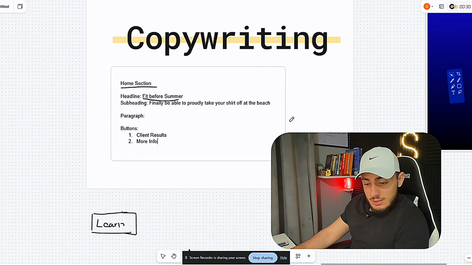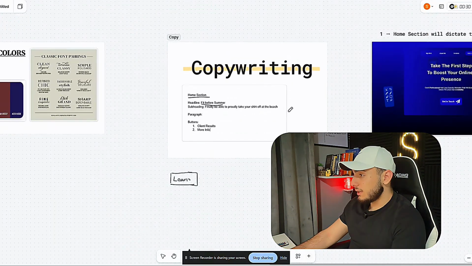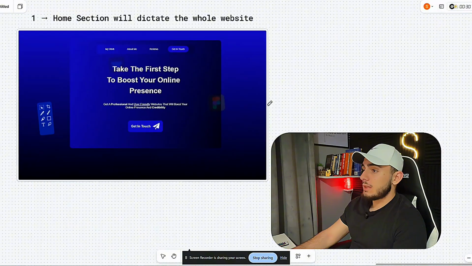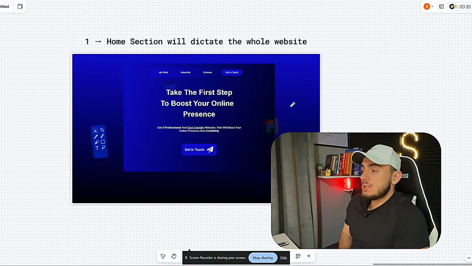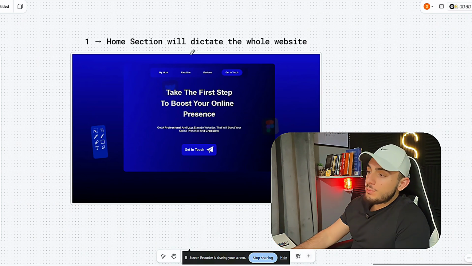And then the next step is, basically, when you put it all together. When you put it all together, the first section you want to build is your home section, because the home section will actually dictate the whole website.